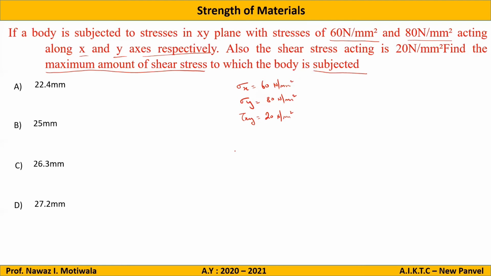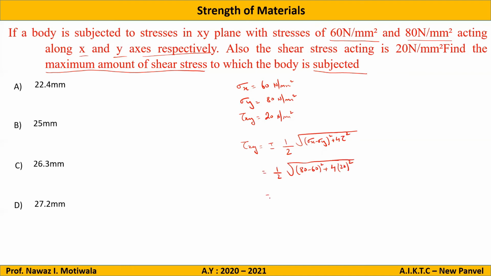Previously we have studied this part. The formula for tau max is equal to plus or minus half square root of (sigma x minus sigma y) the whole square plus 4 tau square. I told you to remember this formula so that we can apply it. So here we are applying it: half square root of (80 minus 60) the whole square plus 4 times 20 square.